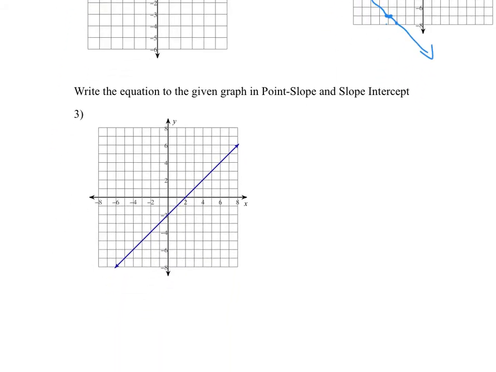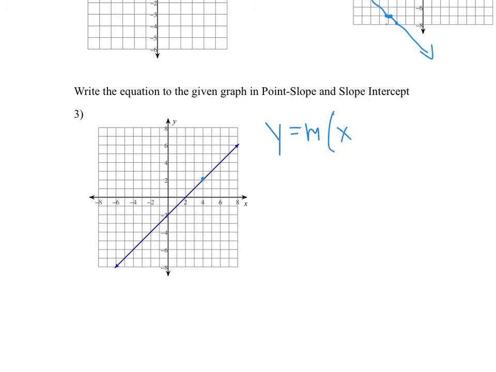And last, we want to write the equation to the graph in point slope and slope-intercept form. Okay, so for point slope, we can pick any point on the graph. So I'm going to pick this point here just for kicks. And so we get y equals, we'll worry about our a, our slope, here in a little bit, which we've been using m.